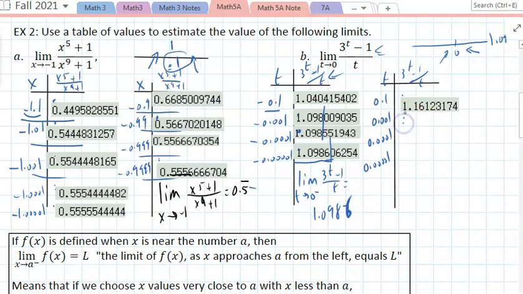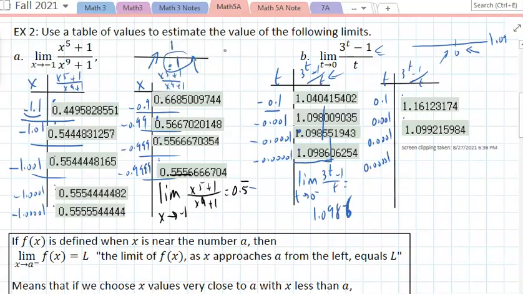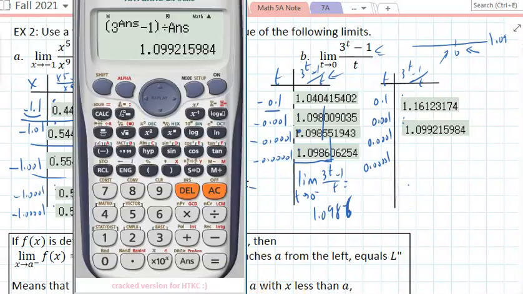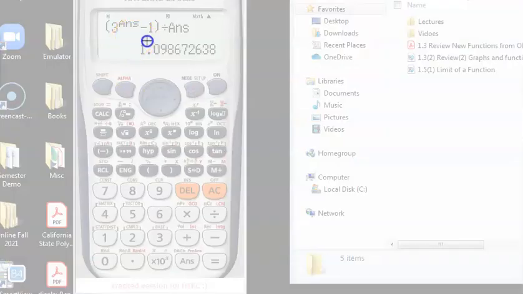That's very good. Why is that? Well, I already know the other answer was 1.098. This is 1.099. So it seems you're getting in the right direction. How about 0.0001? Hey, awesome news. It looks like it's leveling off.